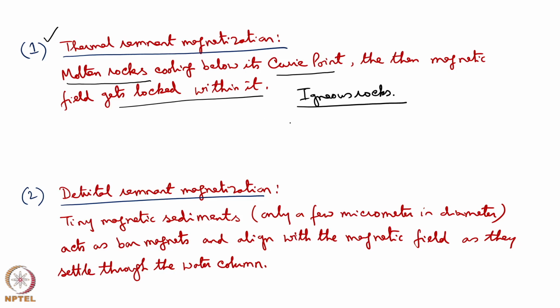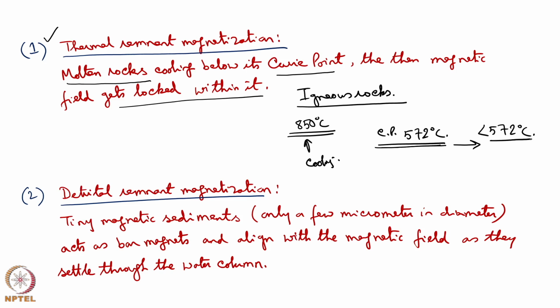Imagine there is a partially molten material at 850 degrees centigrade, and for this rock the Curie point is, I give some number, 572 degrees centigrade. Now, this melt is cooling, and when it crosses 572 degrees centigrade and goes to a temperature less than that, what happens?